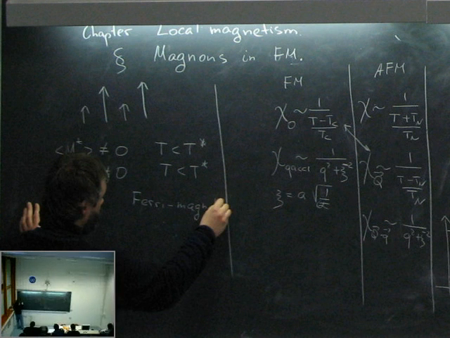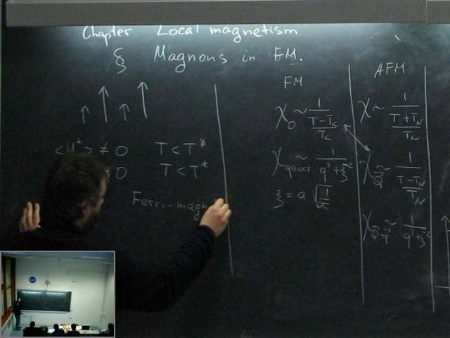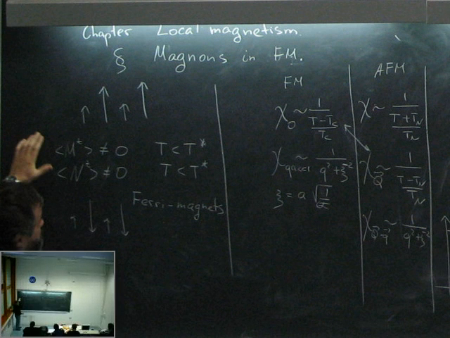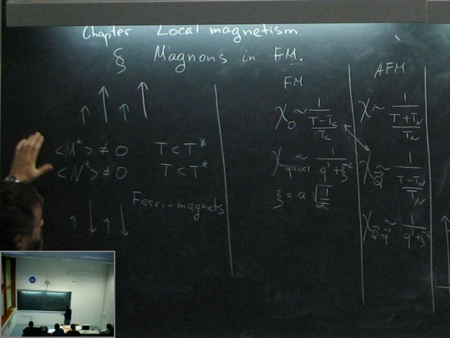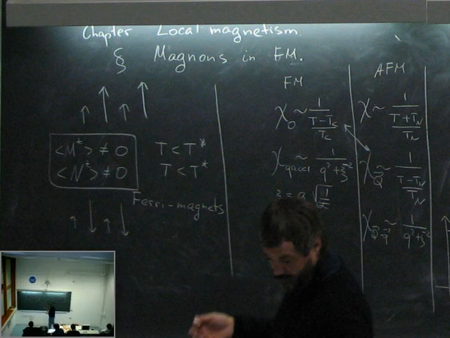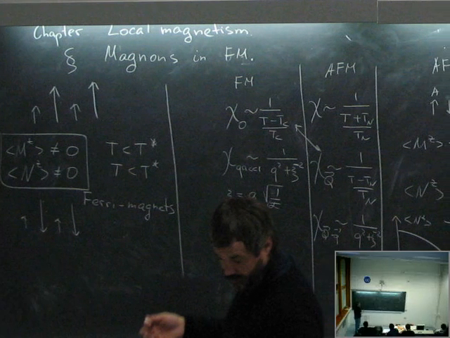And you see that there is no difference between the situation depicted on the top cartoon and on the bottom cartoon, because in both situations this condition holds. Namely, both uniform and staggered magnetization are not equal to 0. In principle, you can have a more complex situation where the order parameter has more and more components, corresponding to more complicated physics.